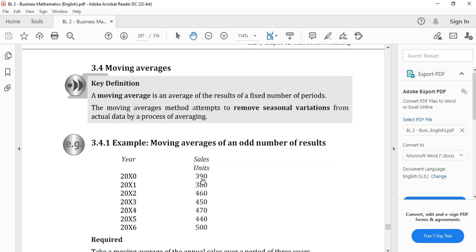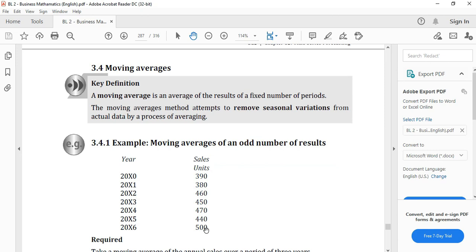If we count 1, 2, 3, 4, 5, 6, 7, there are 7 items here. 7 is considered an odd number because it cannot be fully divided by 2.